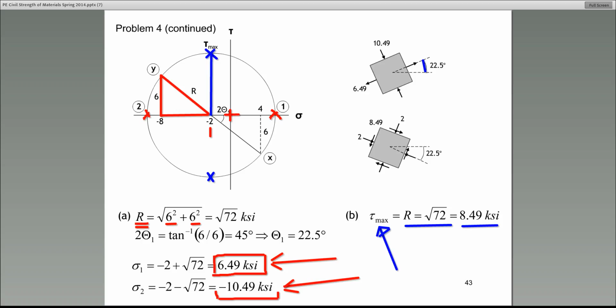The angle on the stress square is always half as much as the angle that's on the circle. That's just a function of how we created the circle. All right? So that's why you see 2 theta versus 1 theta. 1 theta is the angle on the state of stress. The corresponding angle on the circle would be twice as much. I hope that answers your question.